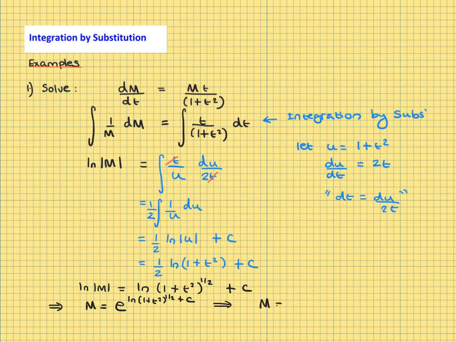We can then finally rewrite this as m equals a multiplied by 1 plus t squared to the power of a half, where of course a is equal to e to the power of c, and I've split the power up as you've seen previously.